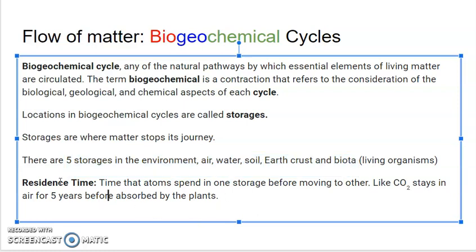And residence time is the time that atoms spend in one storage before moving to another. Like carbon dioxide stays in air for 5 years before being absorbed by plants. Or if this carbon dioxide is in the ocean, it's going to stay longer, maybe thousands of years, before being absorbed by plants.